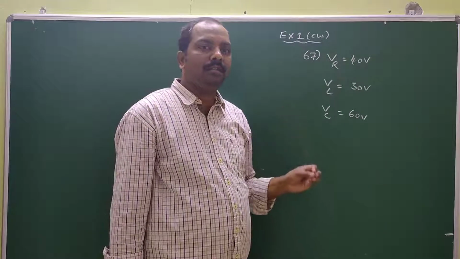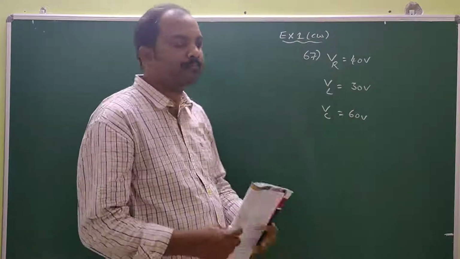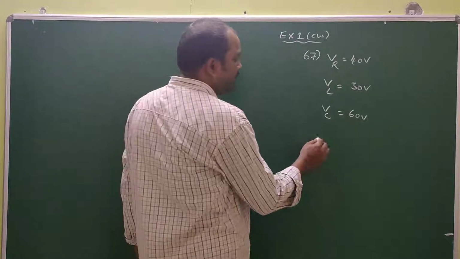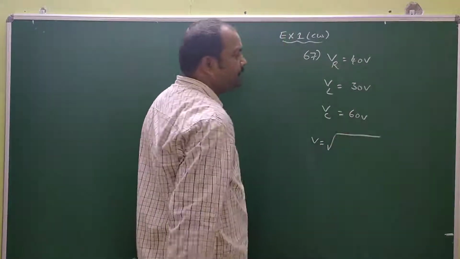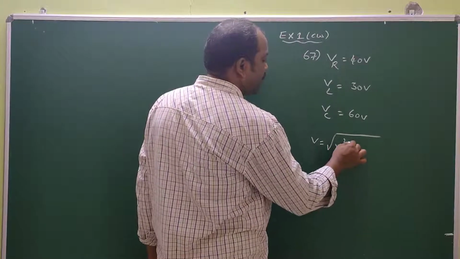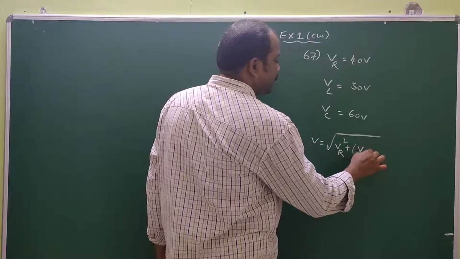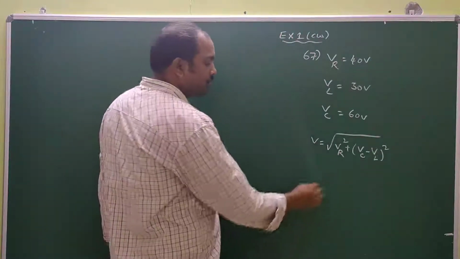And he is asking what is the supplied potential. The total potential or voltage applied V is equal to under root of VR square plus (VC minus VL) whole square. So substitute the data.